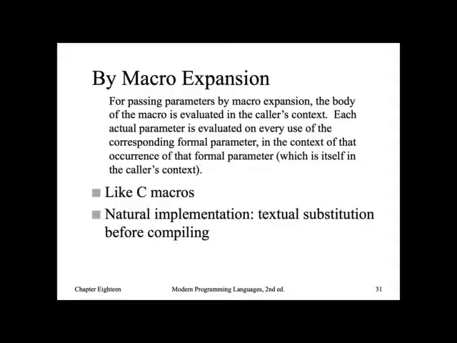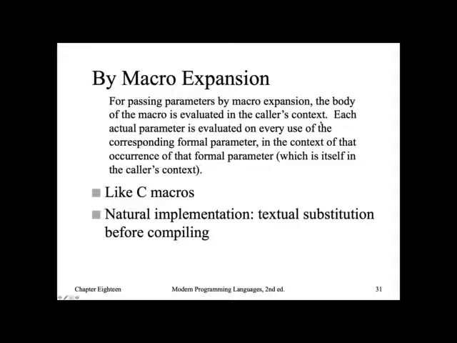So macros, the idea basically is like a textual replacement. You have to think of this as a text replacement. It's a little weird. So when you're passing parameters by macro expansion, the body of the macro is evaluated in the caller's context.